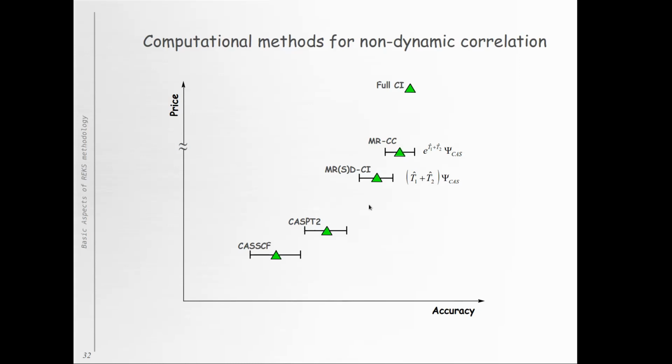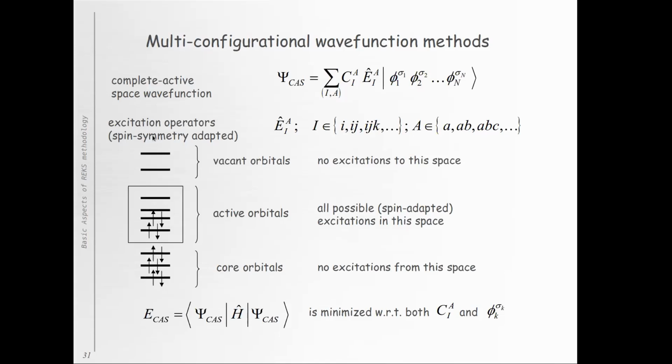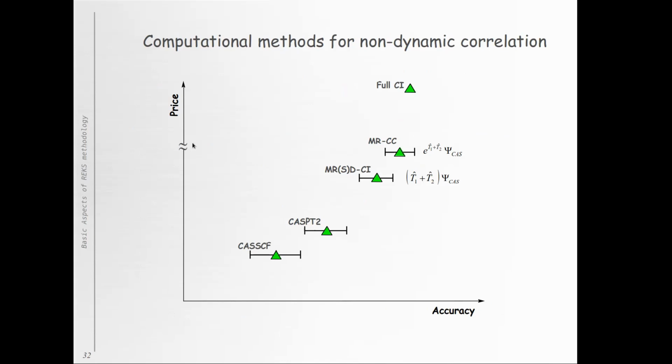Excitations, I mean, from core orbitals to vacant orbitals, not only among active orbitals, but from core to vacant. And of course, on top of everything will be full CI, where we simply expand the active space.